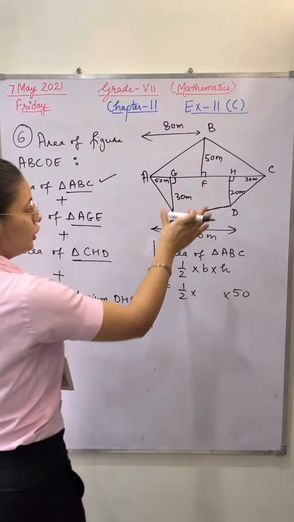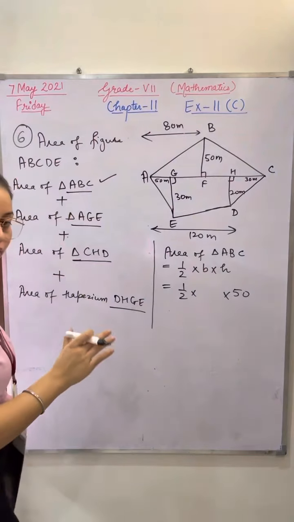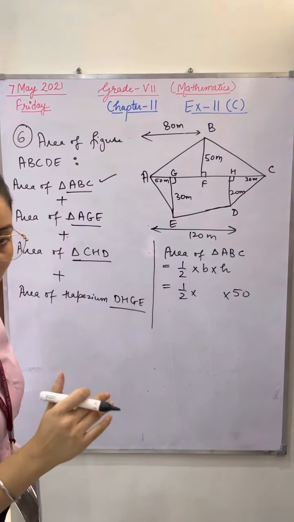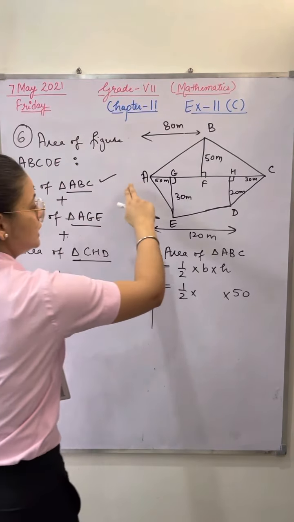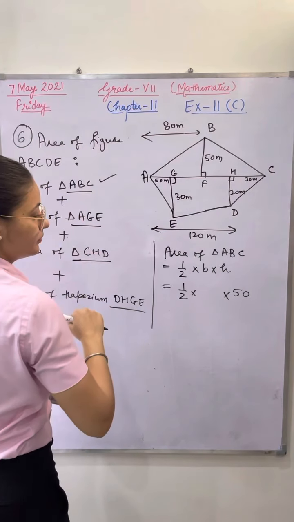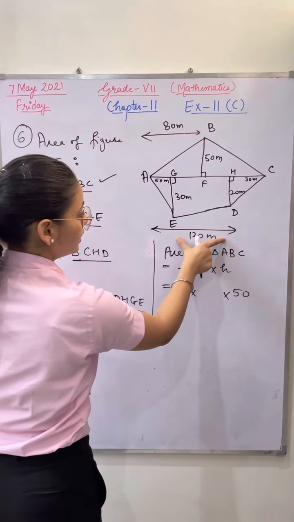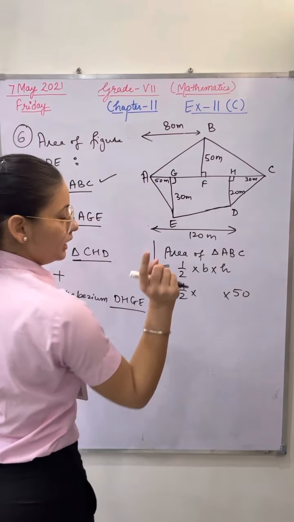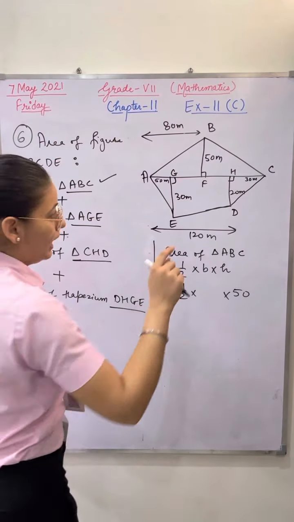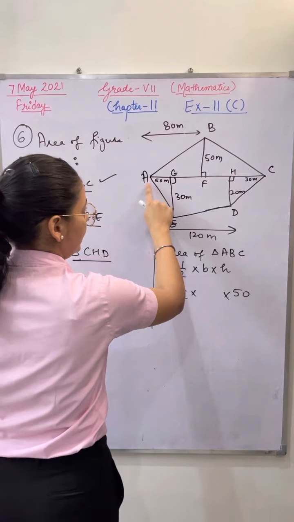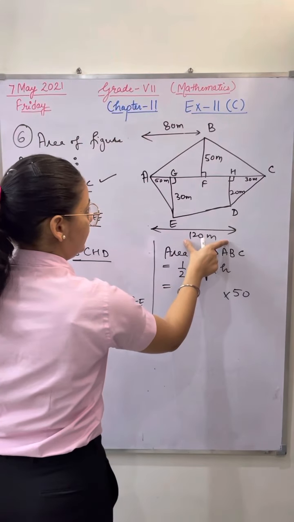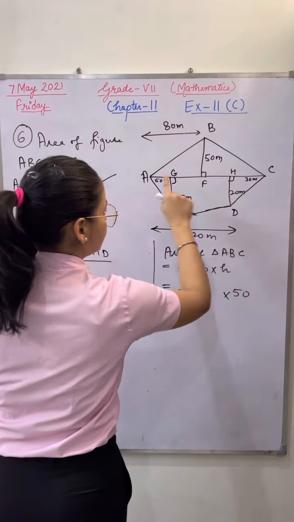It is not given to you directly. It is given to you in parts. So please tell me what is the length of this base? Ma'am, 120 meters. Arush, 120 is up to here. A to H is 120. But the complete base is AC.